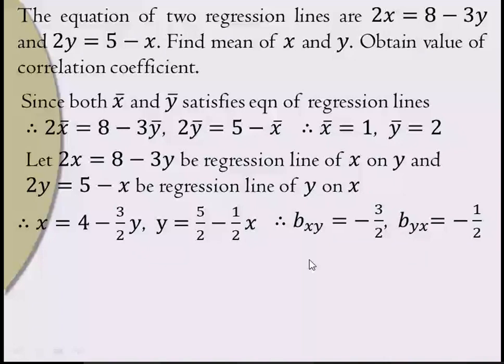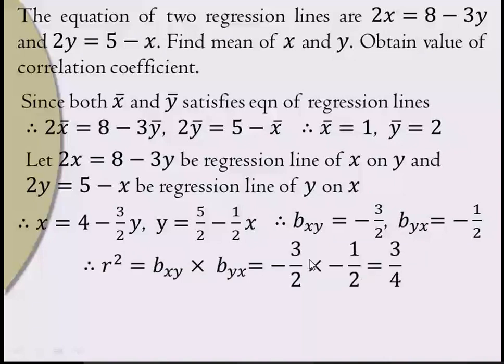Now take the product of these two terms. R square will be minus 3 by 2 into minus half, that will be 3 by 4. Now take the square root on both sides. So R will be plus or minus square root of 3 by 4, that comes to be 0.866. And I already told you that if both bxy and byx are negative, take R to be negative, and if both are positive, take R to be positive.